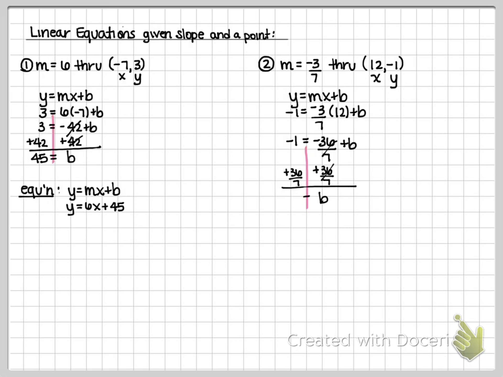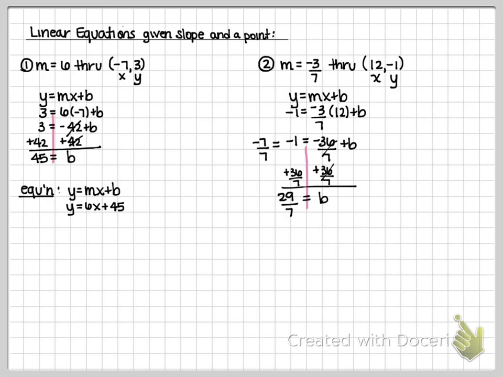So bring down my b here. I know that I can rewrite my -1 as -7 over 7, getting the denominator that I'm looking for. And if you go through the trouble of making the denominators match, keep the denominator. And then just go ahead and subtract them, because it's a -7 and a +36. That's just going to give me a +29 over 7.